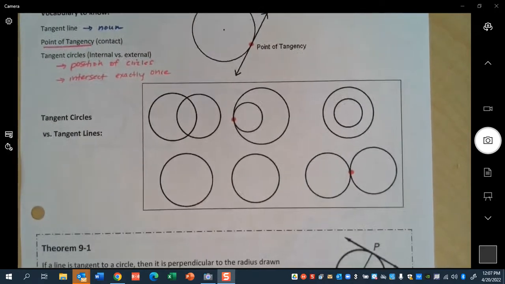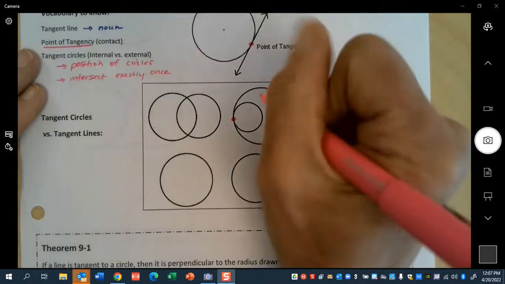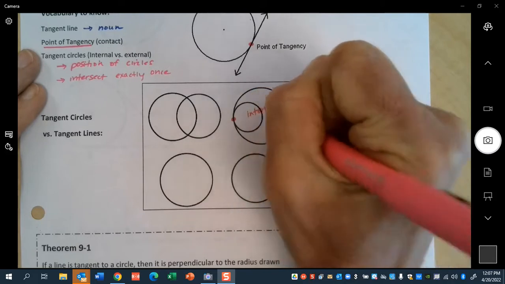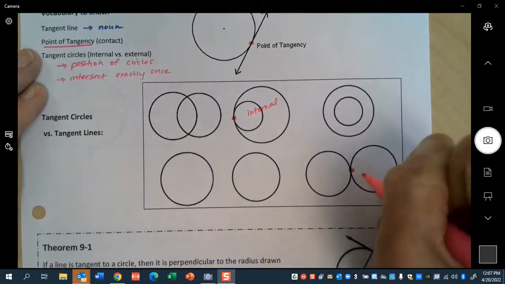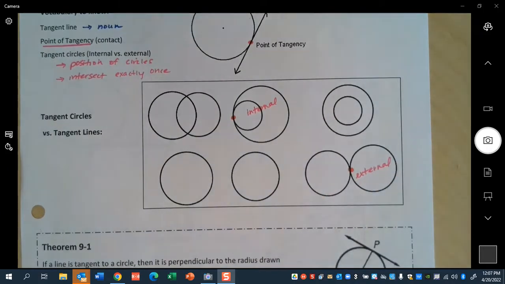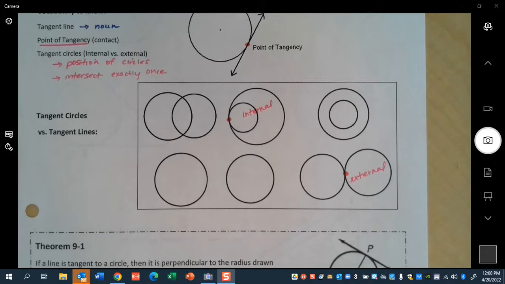Each of these circles touches each other exactly once. These tangent circles are internal. These tangent circles are external. So when we talk about the word tangent, it's more of an adjective where it describes the relationships between those circles.